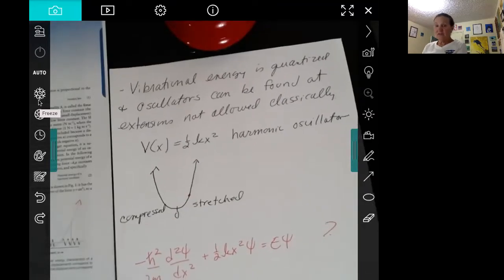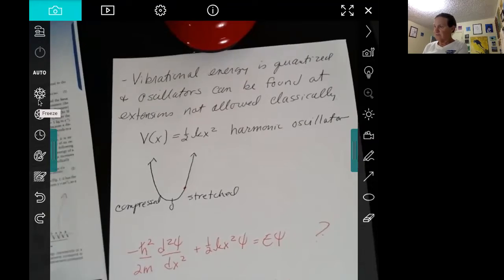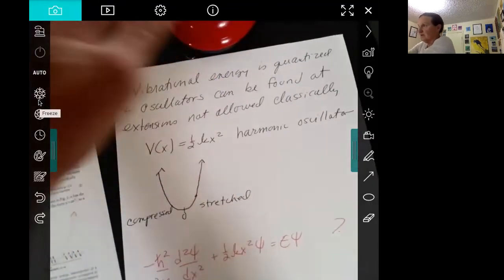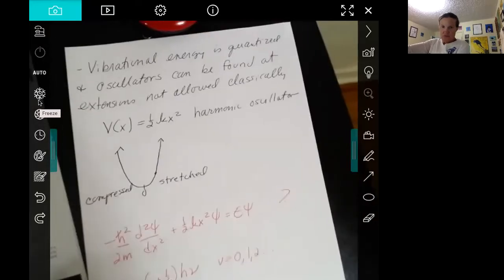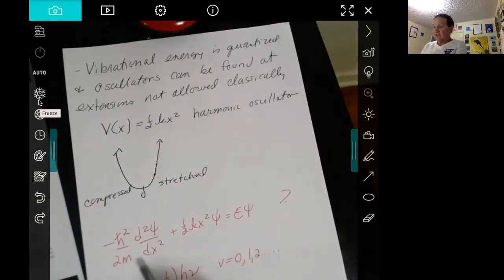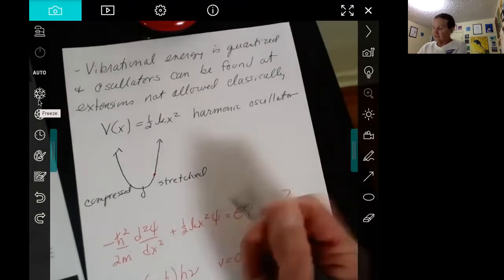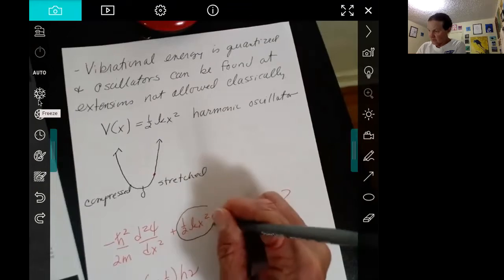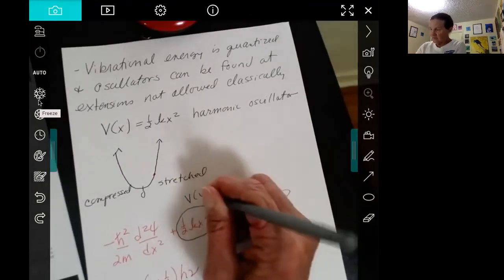So when we solve the quantum mechanical system, we are solving this Schrodinger equation. So we have the kinetic energy, so the movement of the two particles or the spring stretching, plus this is the potential energy for harmonic oscillator as a function of x.